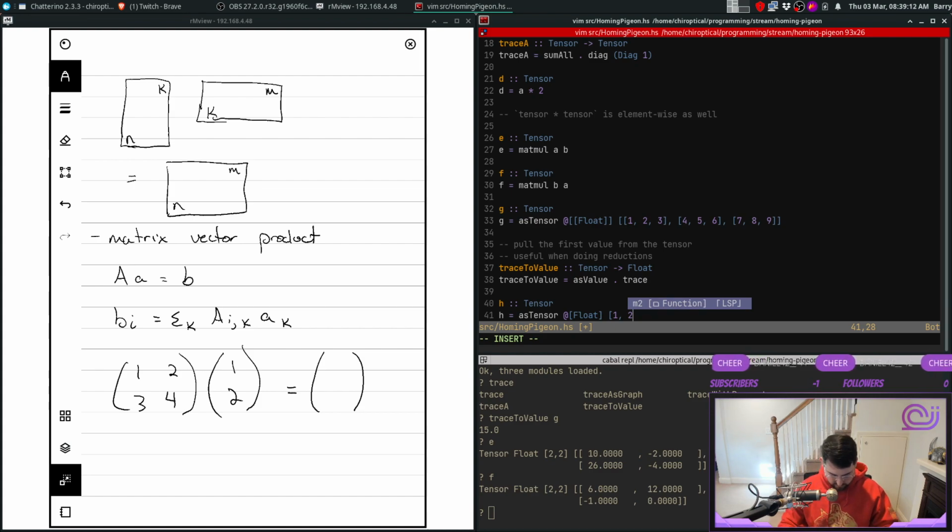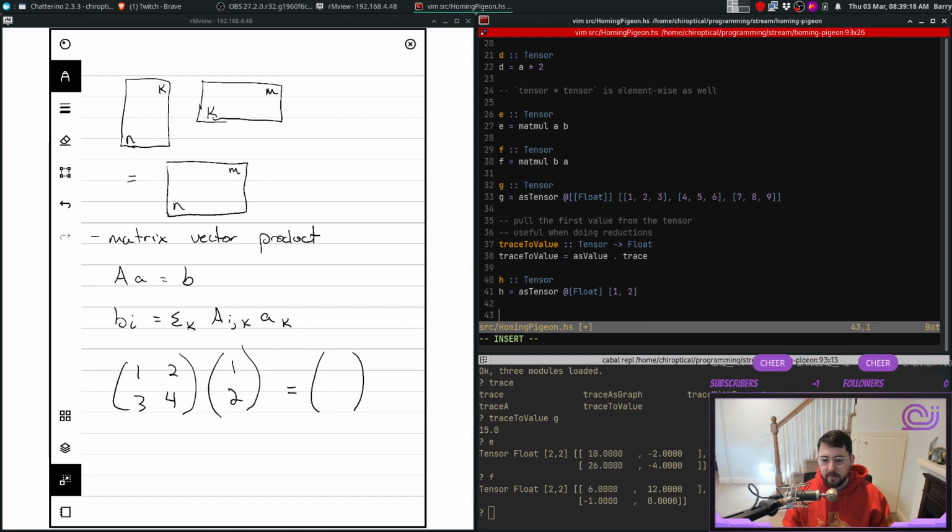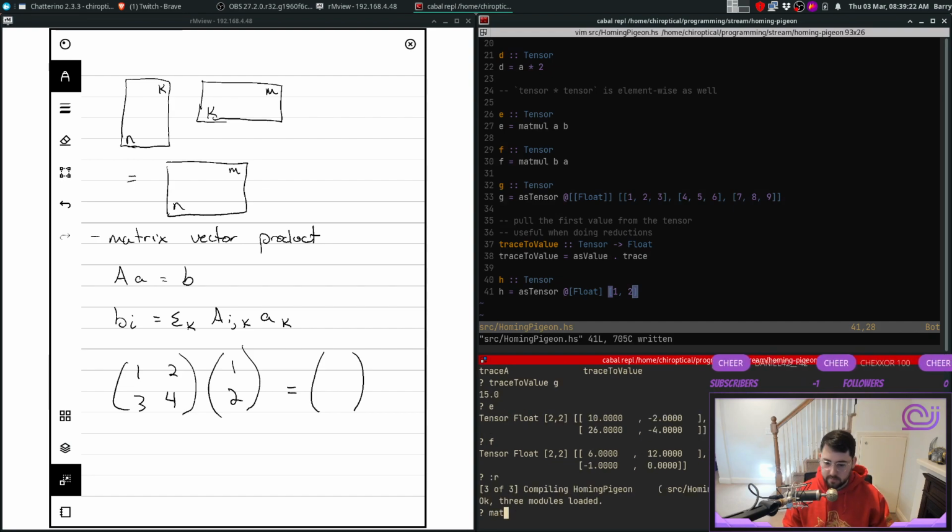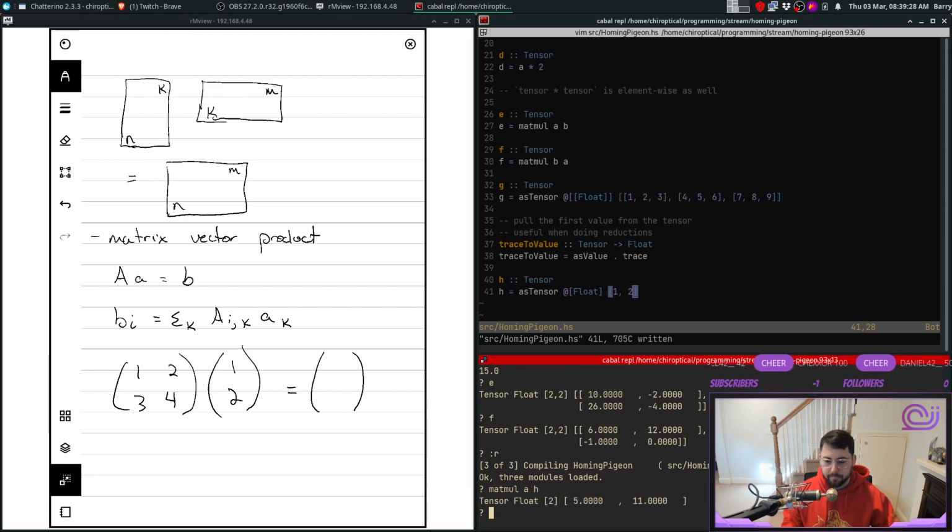Is there an example in the book? There is not. So we'll just do 1, 2 like this. And what we want to do is reload this and then matmul A with H. So it should be 1 times 1, 2 times 2.